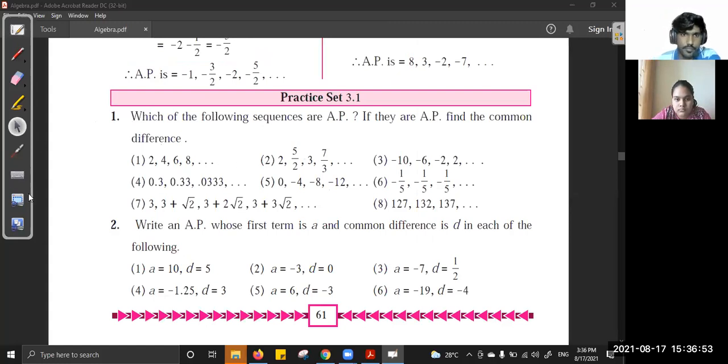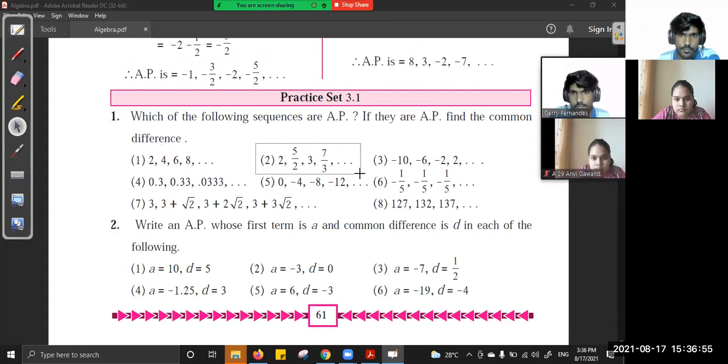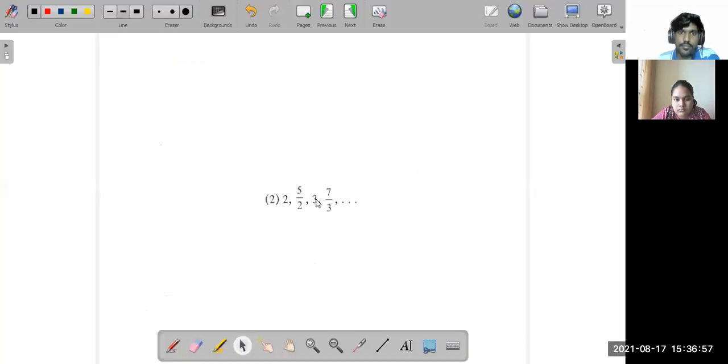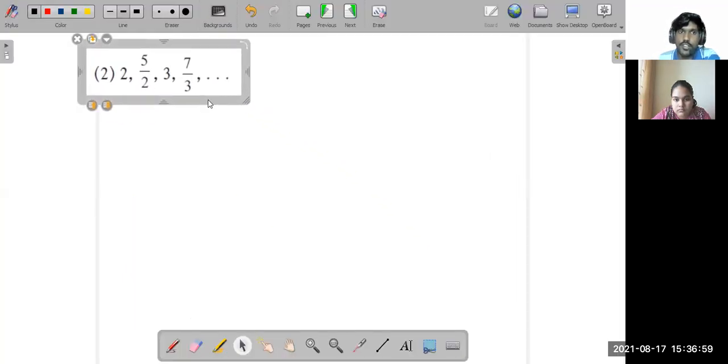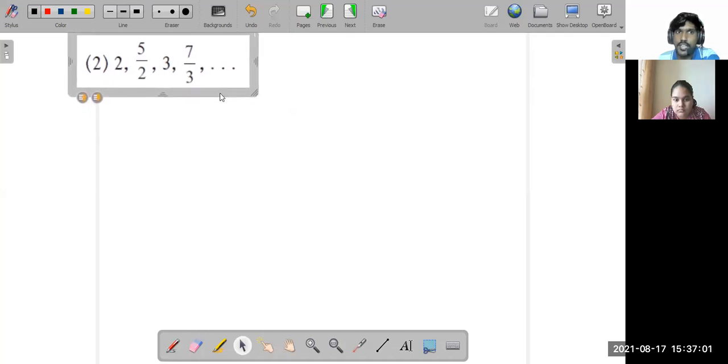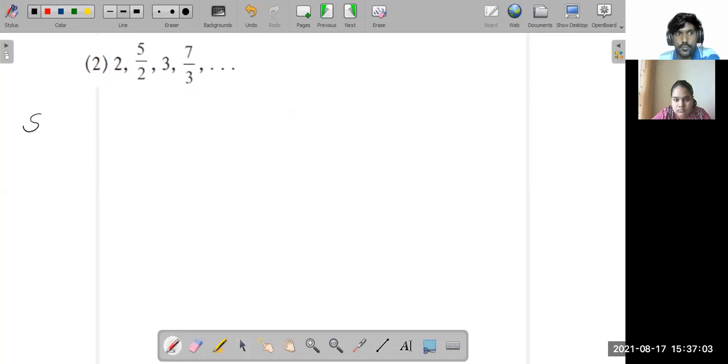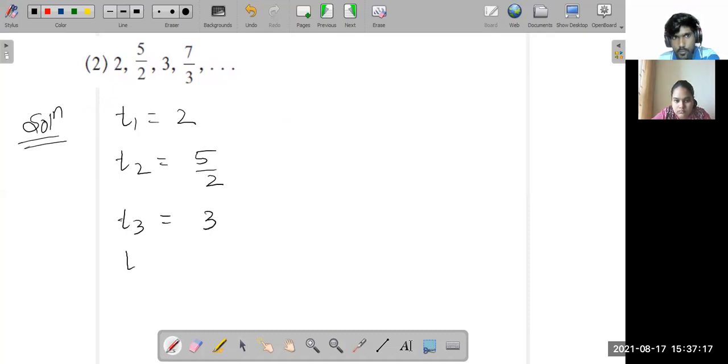Second one. Same thing: first check whether it is an AP or not, and then find the common difference. T1 is 2, T2 is 5 upon 2, T3 is 3, T4 is 7 upon 3.